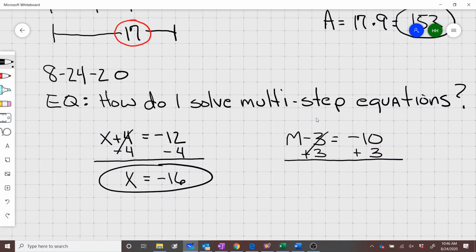Alright, these will cancel out. Your m is going to be equal to, we got negative 10 plus 3. What's that? Anybody? Negative 7, good. Yeah, a good time to use a calculator if you need one.